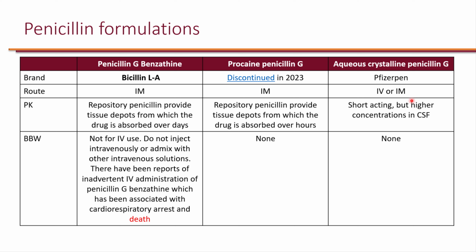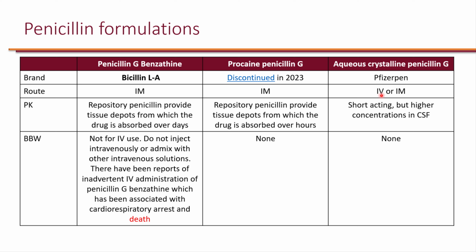Now, I'm showing you these three because when it comes to neurosyphilis, and that's specifically syphilis infection that has made it to the CNS, the IM injections are not going to work because you get a little bit of the drug released over time, which means that you're not going to get enough concentrations in the CSF. So these are not appropriate for neurosyphilis.